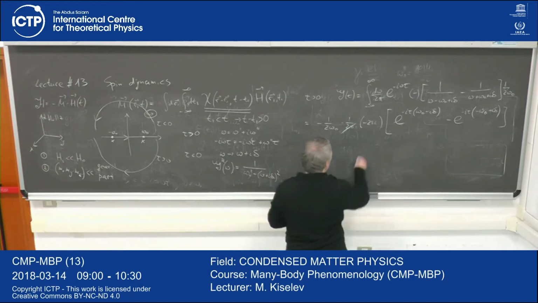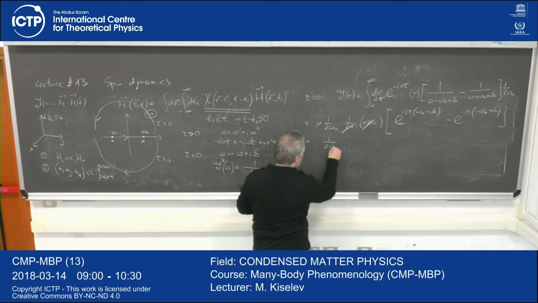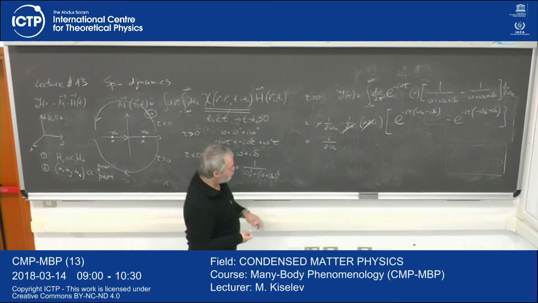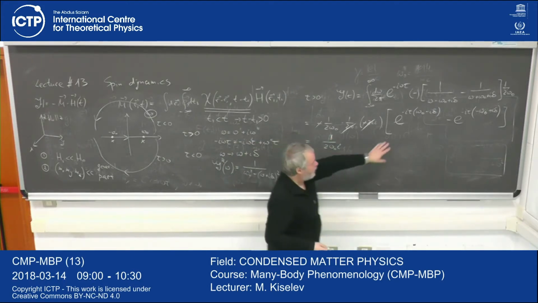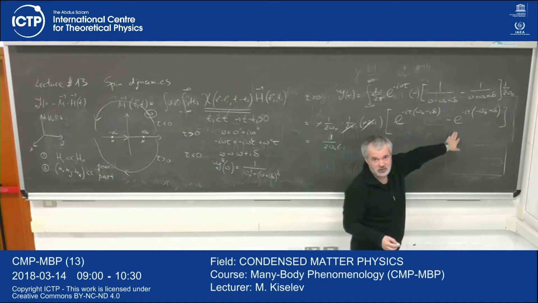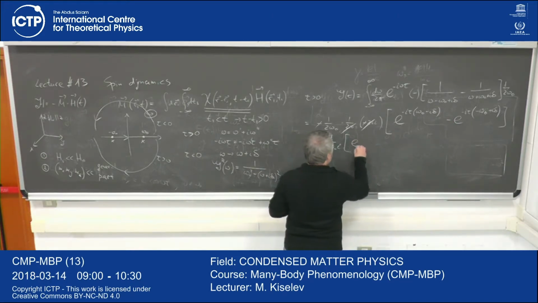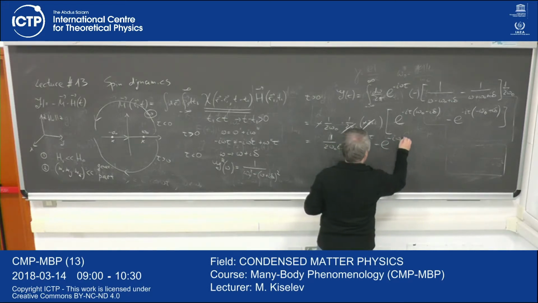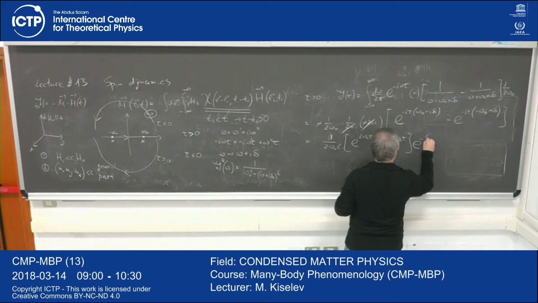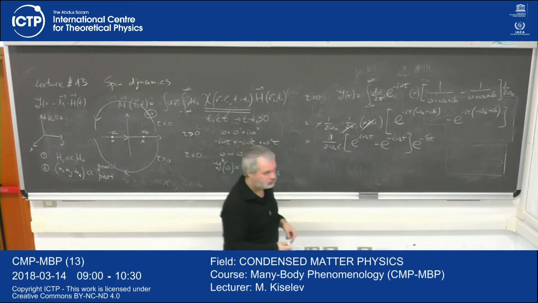So I will cancel out 2 pi. I will cancel out minus. So it is i divided by 2 omega naught. However, I would like to multiply by i and divide by i. Therefore, I will put i here, and I will interchange the terms. Those which come with minus will come with plus, because I change the overall sign. So what I have here is e to the power i omega naught tau minus e to the power minus i omega naught tau, times e to the power minus delta tau. So this is sine, right?